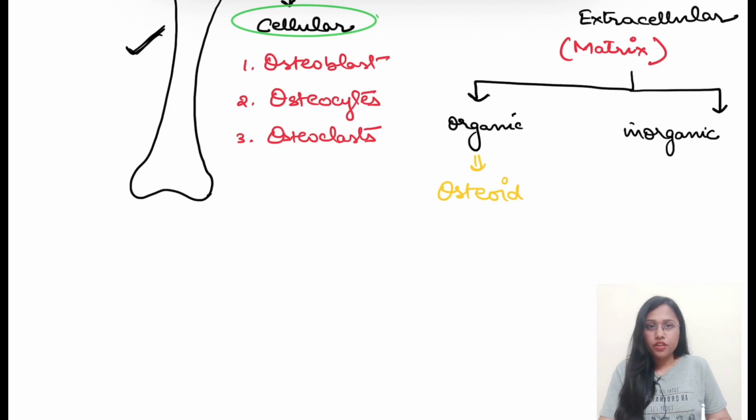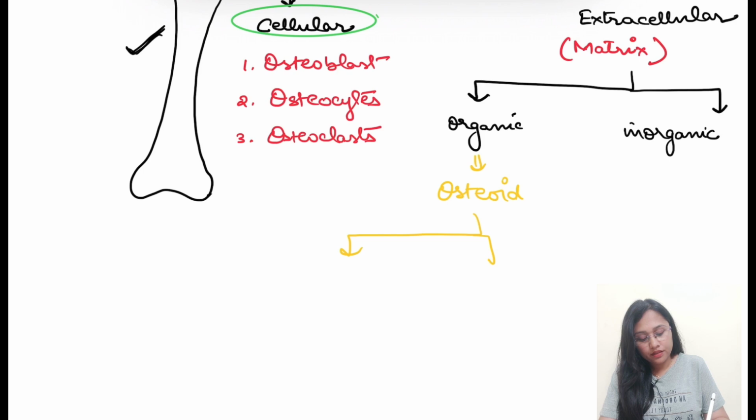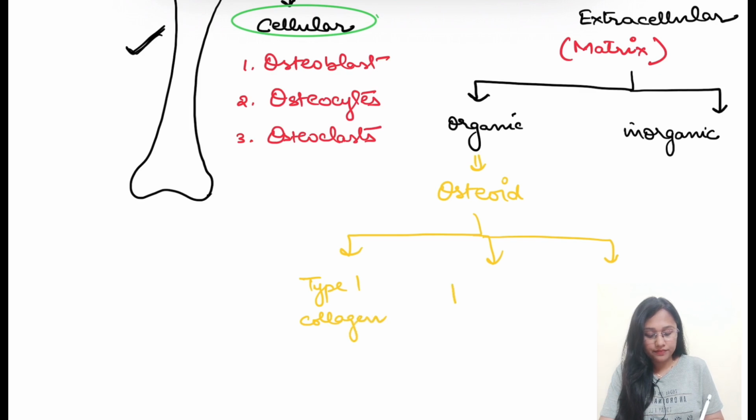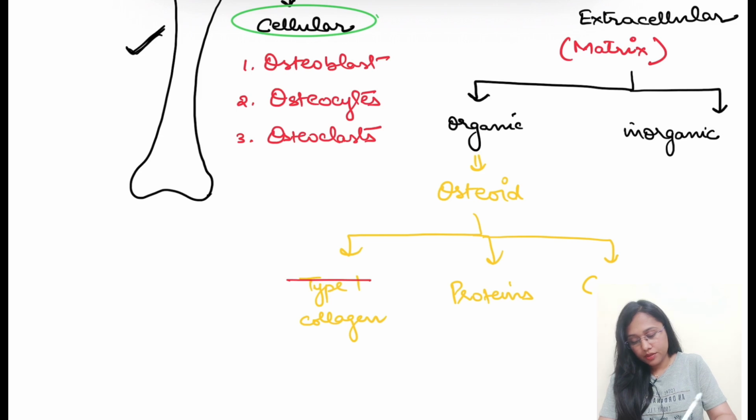Now it is important for us to know the composition of the osteoid. Just remember three things. The first is type 1 collagen, then proteins, and then glycoproteins. Type 1 collagen is important to remember.